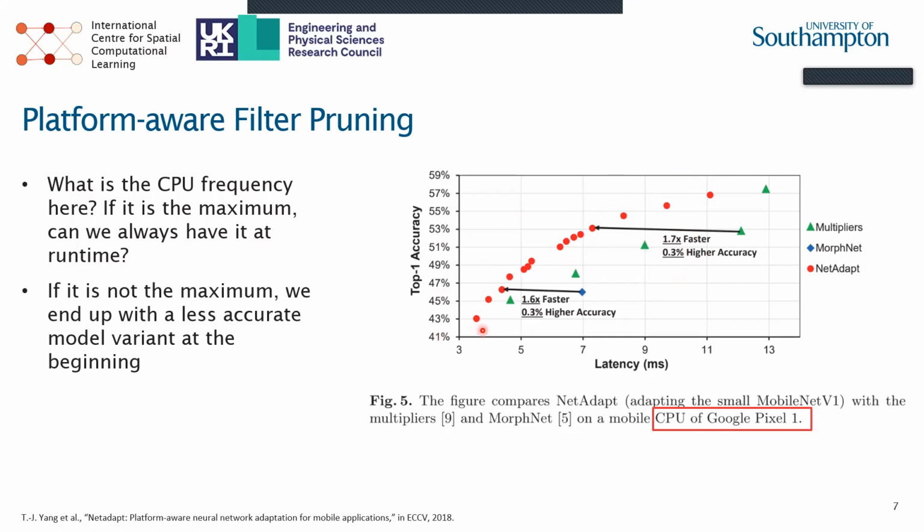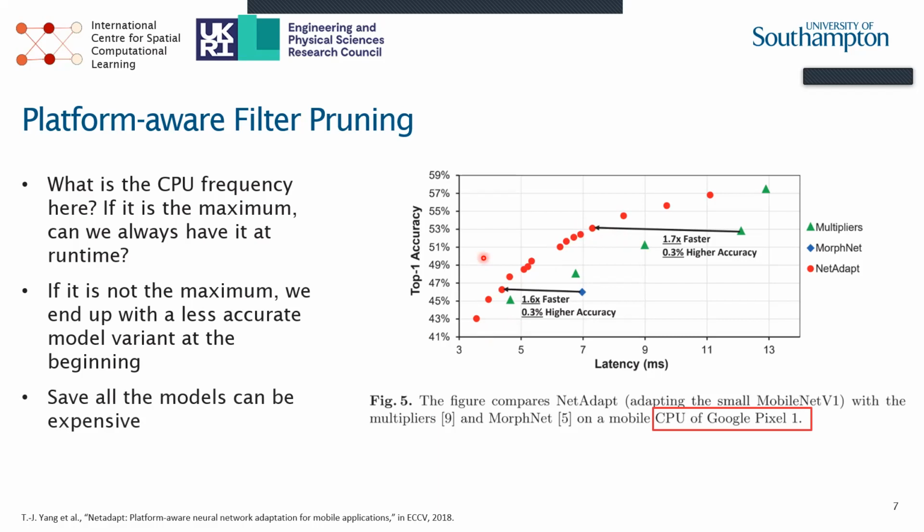So at runtime, when the hardware resources become less available, for example when the frequency drops, or when the hardware is shared between the neural network and other applications, so basically less hardware resources are available to the neural network, we can switch to a relatively smaller, faster, but less accurate model.